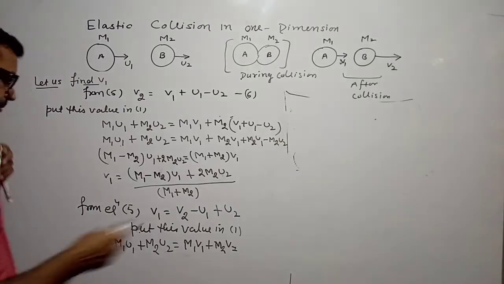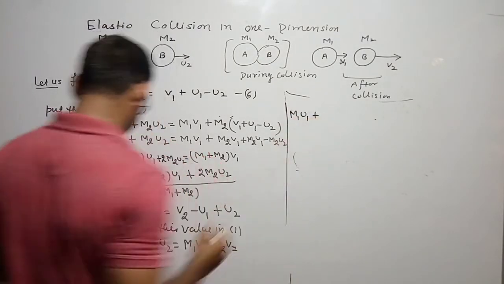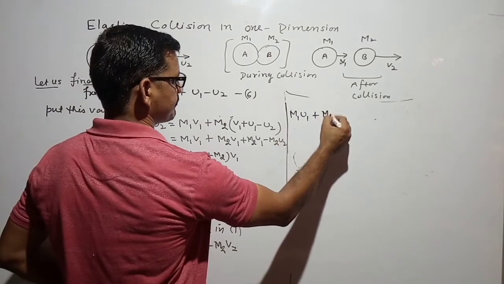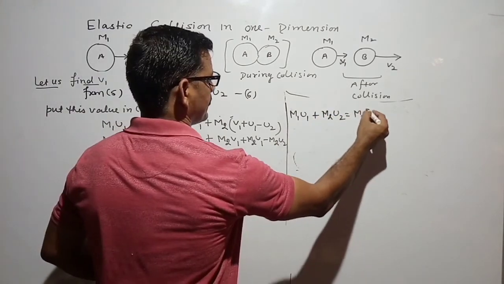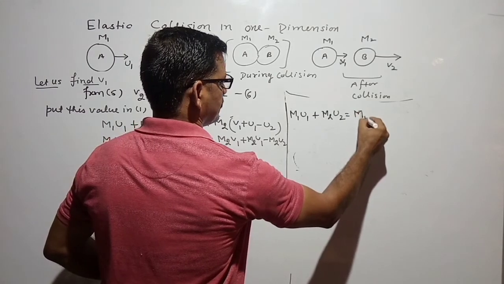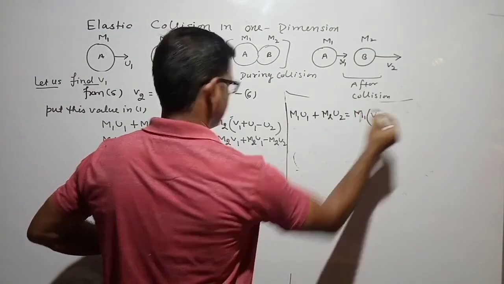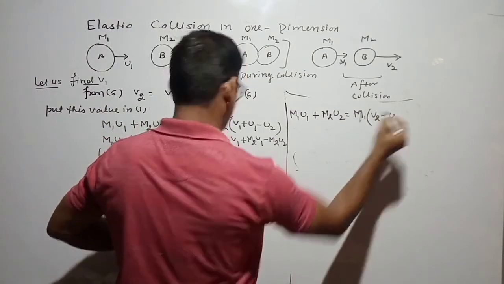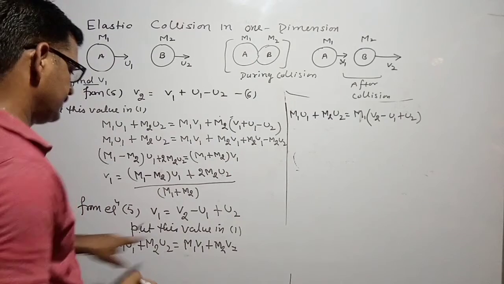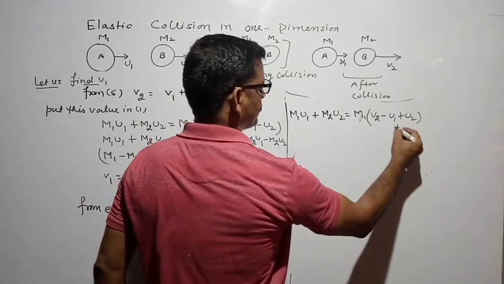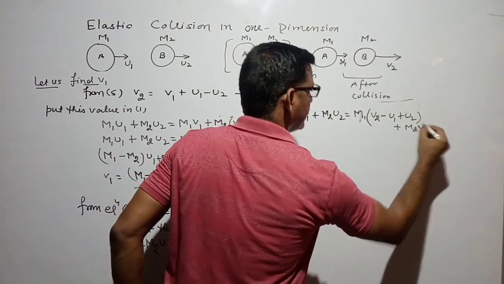So let us put. m1 u1 plus m2 u2 equal to m1 v1, and v1 has the value v2 minus u1 plus u2, and plus m2 v2.